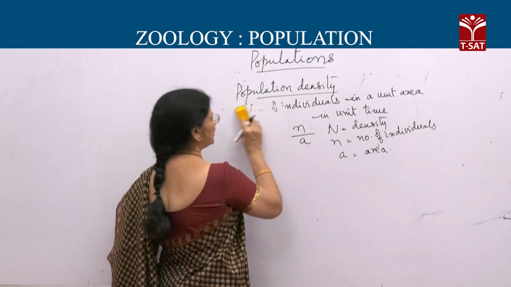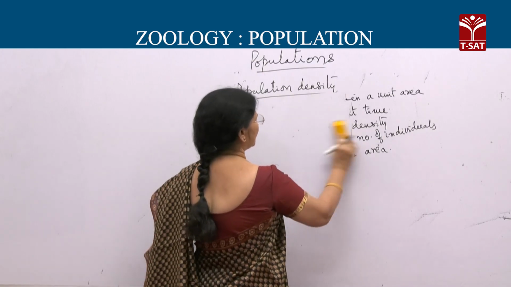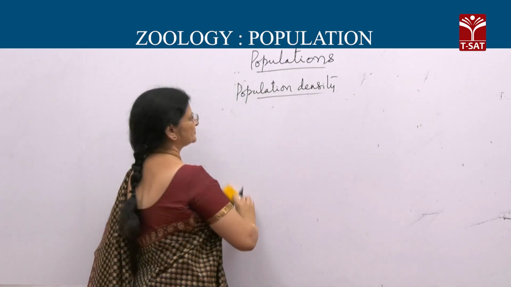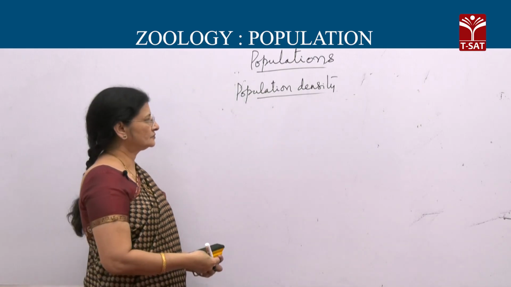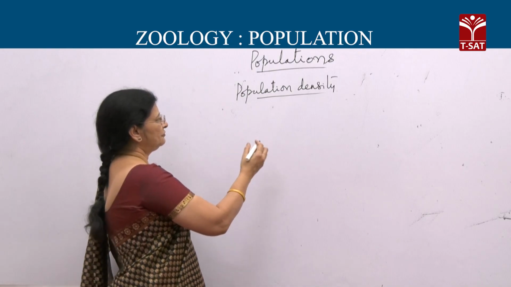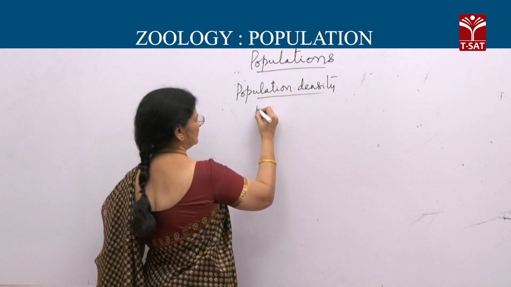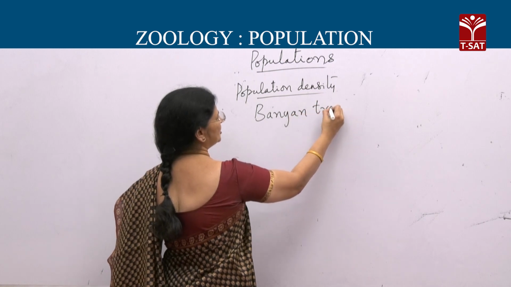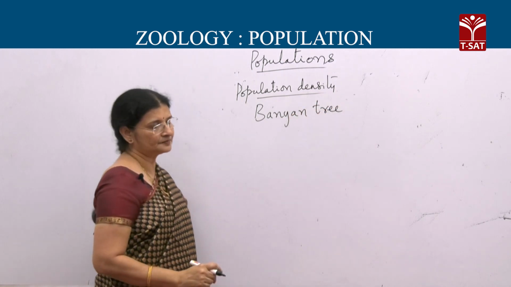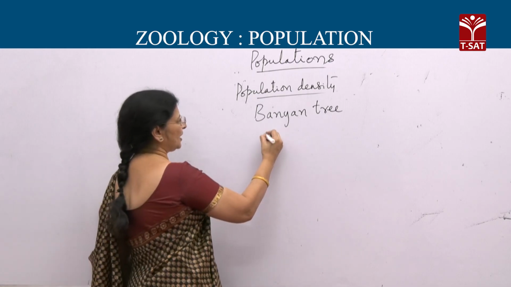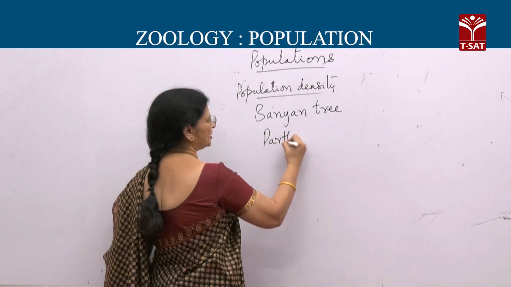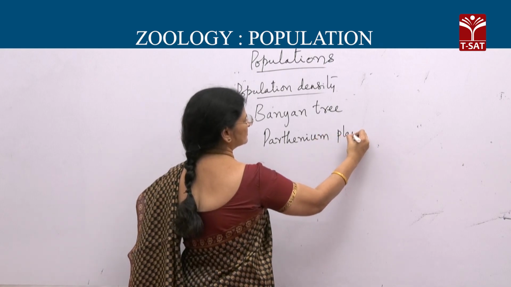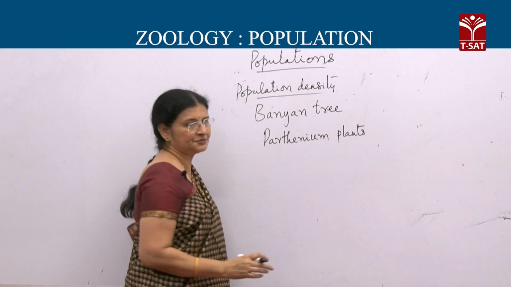But always you cannot express density in terms of numbers. Sometimes you will find a large tree, a banyan tree. Number is only 1, and there are many plants in that area, Parthenium plants. These are shrubs.